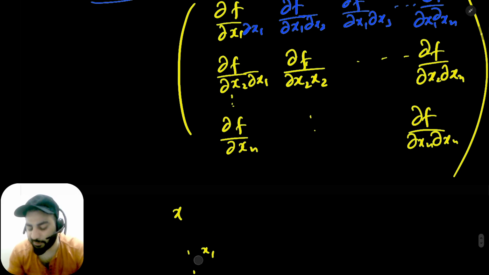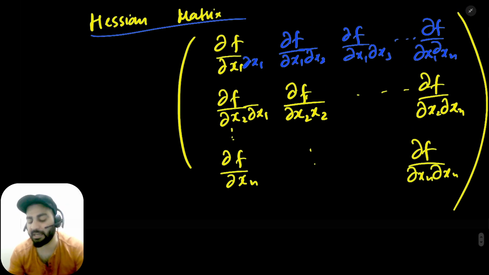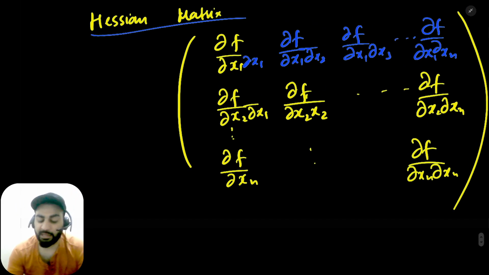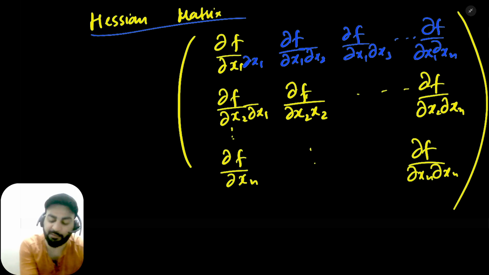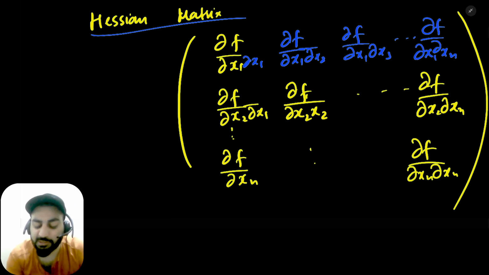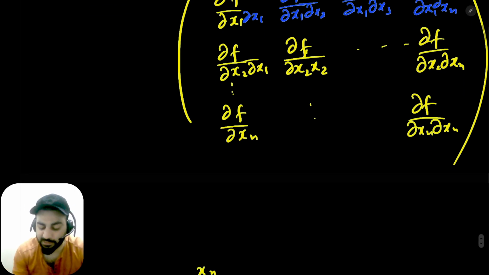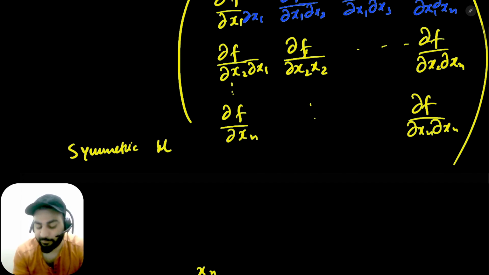So what is special about this matrix? The special thing is that it captures the double derivatives, like the double derivative of x1 with respect to x1, and x1 with respect to x2 also. You differentiate the first time with x1, and the second time with x2, and similarly for the rest. Now this is a really good matrix. It is a symmetric matrix. Is it symmetric? Yes, it is. Why?